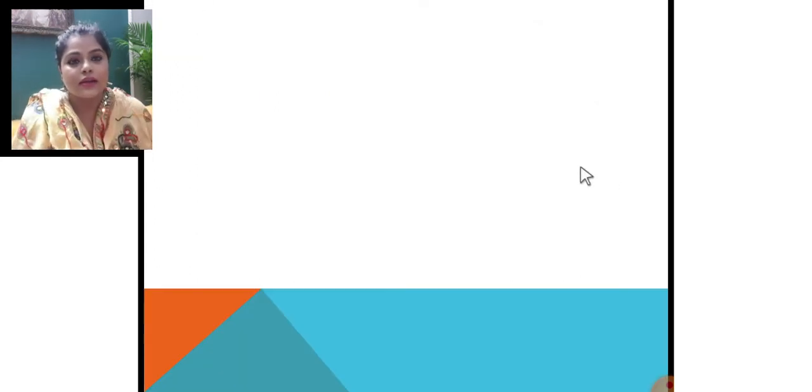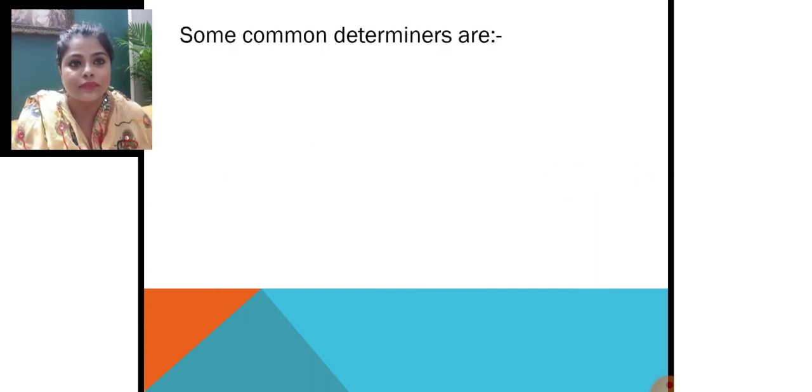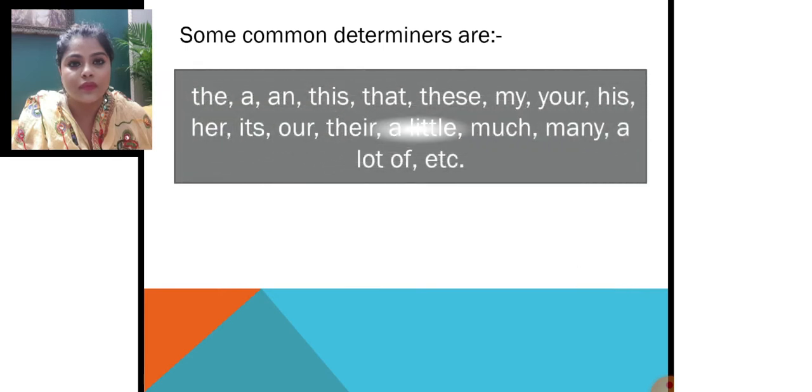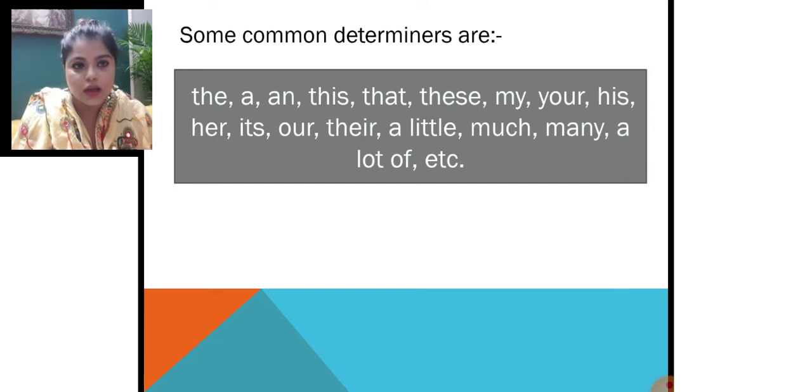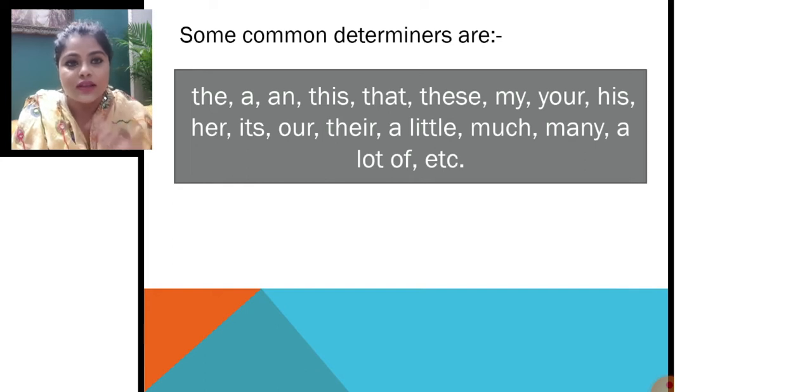Okay, let's see some common determiners: the, a, an, this, that, these, my, yours, his, her, its, our, their, a little, much, many, a lot of, etc. So these are the common determiners.